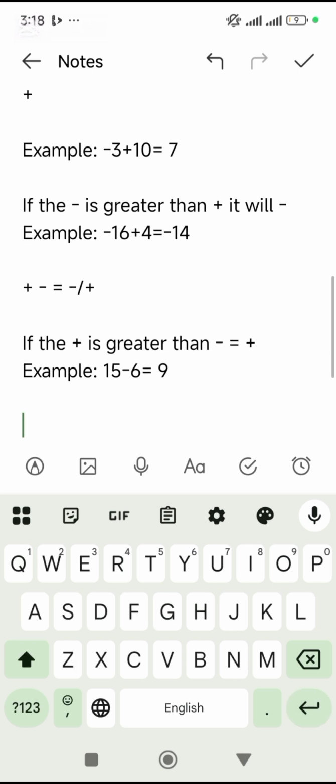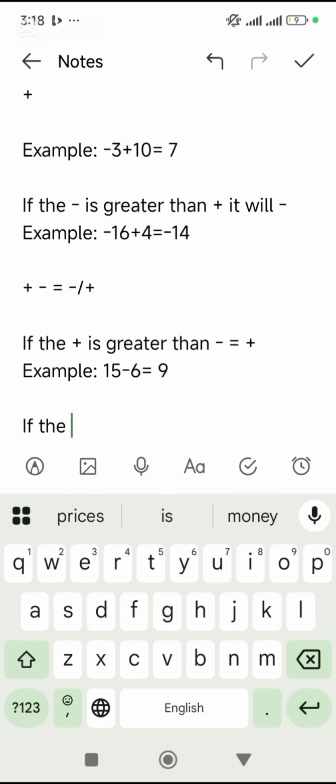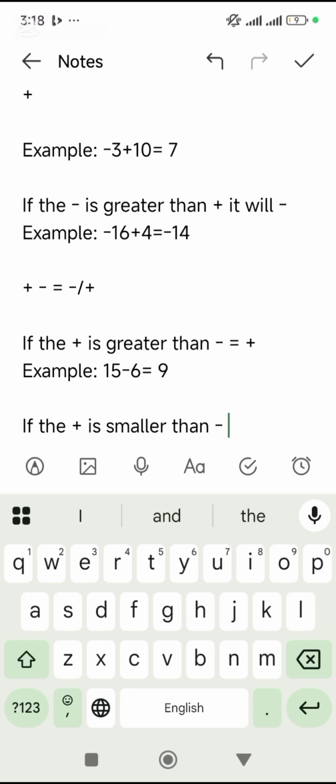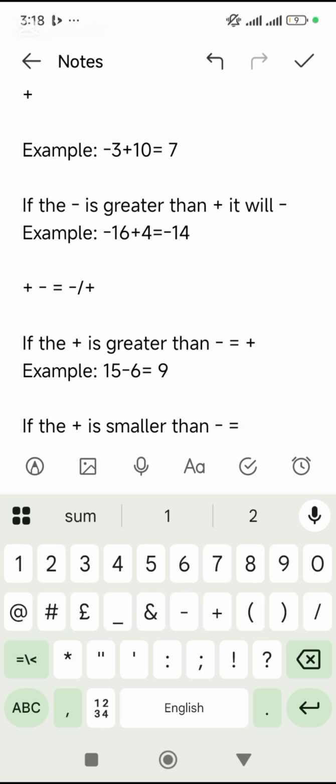Okay, if the plus is smaller than the negative, it will be equal to negative.